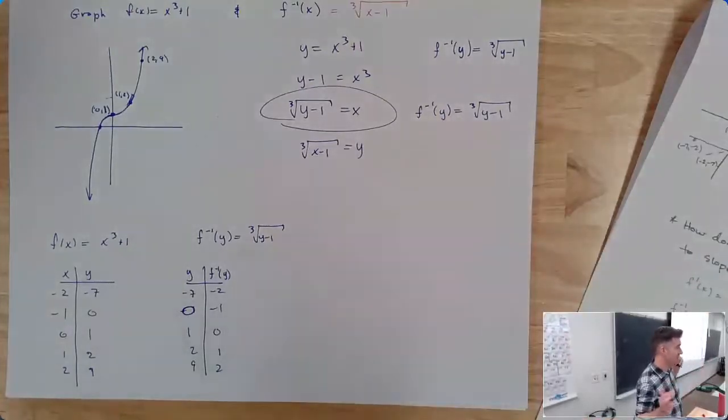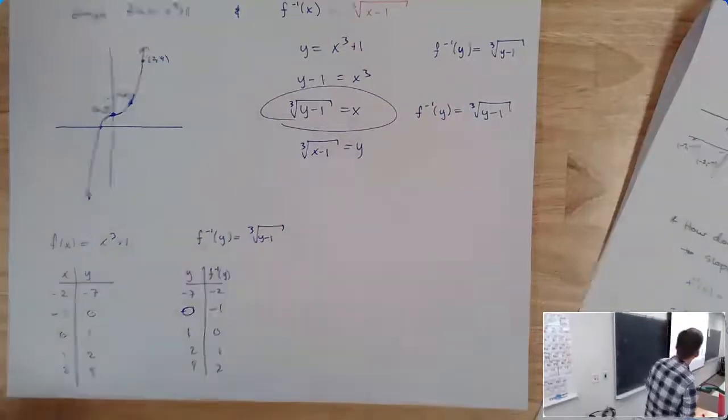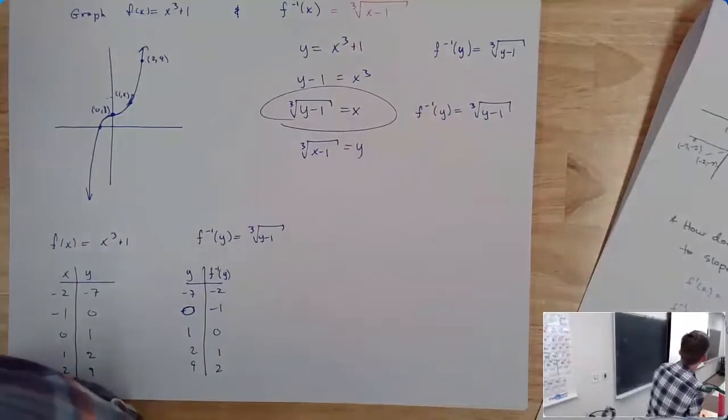So y in this is not the y-axis value, it's the x-axis. It depends on what your professor wants you to do. Because he solved it the same way, right, but the notation is just weird.